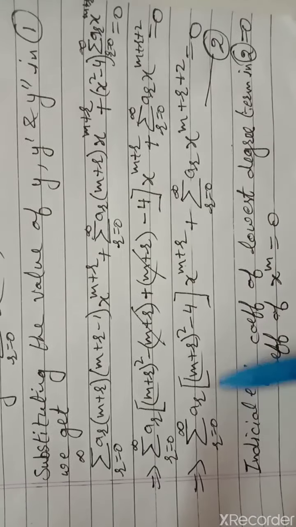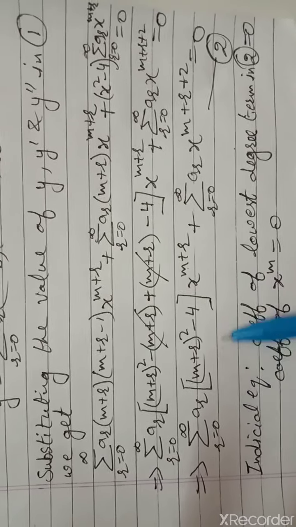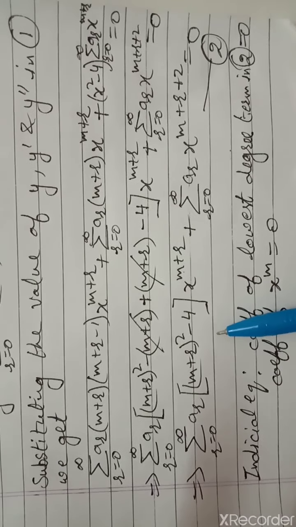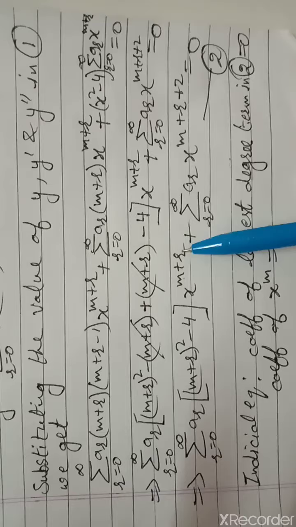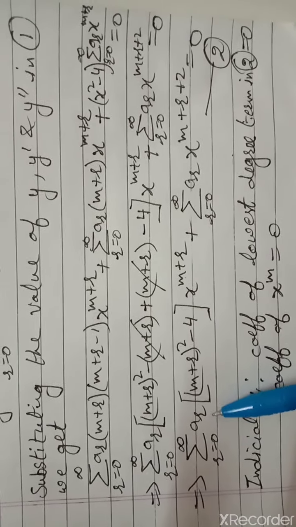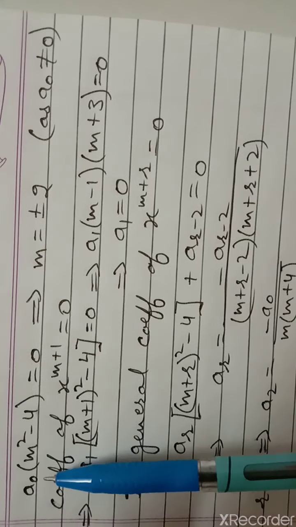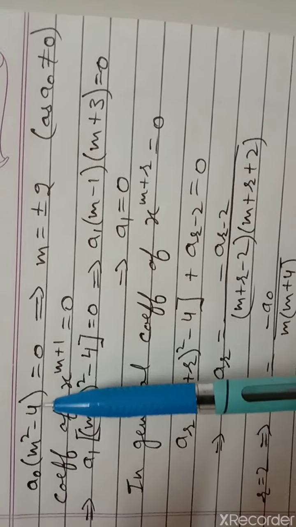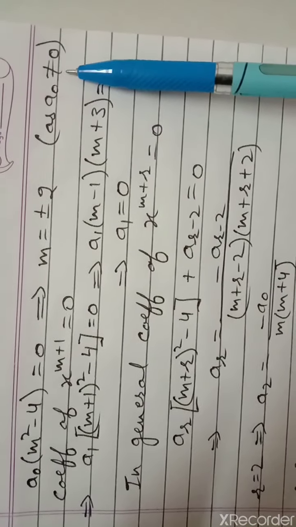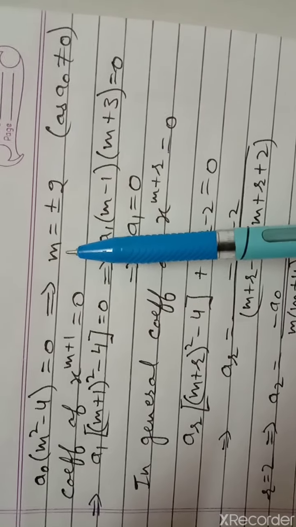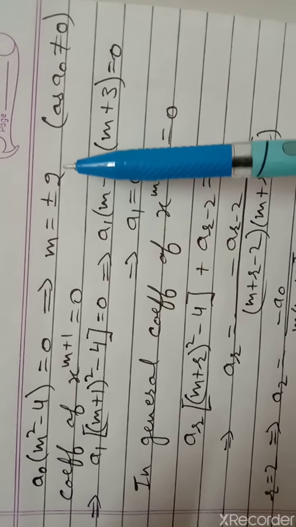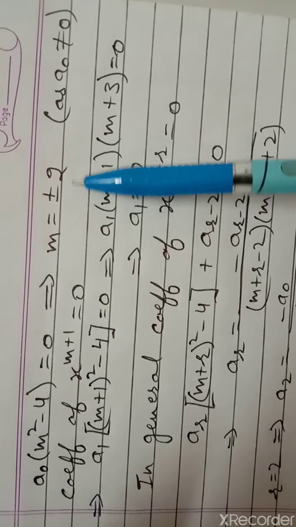When we put r equal to 0, this summation contributes to the lowest degree term, so we get a naught (m squared minus 4) equal to 0. a naught is never 0, so we have two values of m, plus and minus 2. Now their difference is an integer.